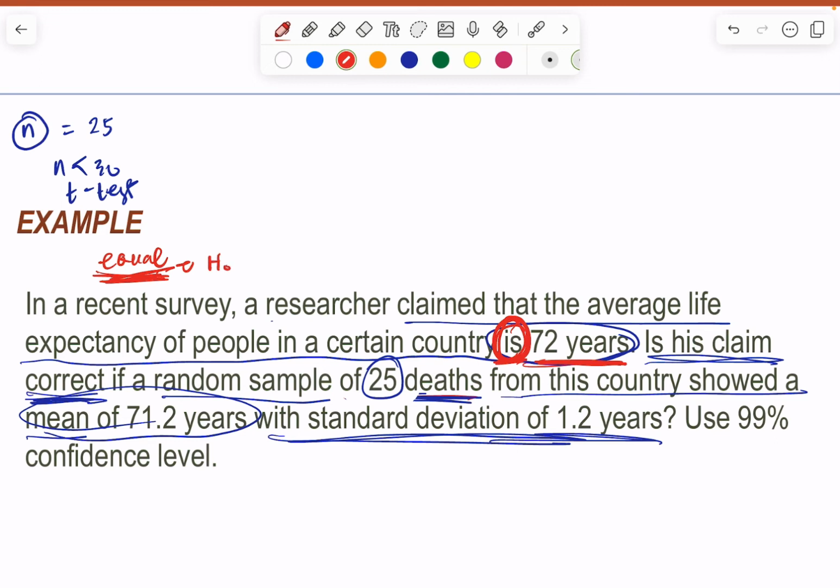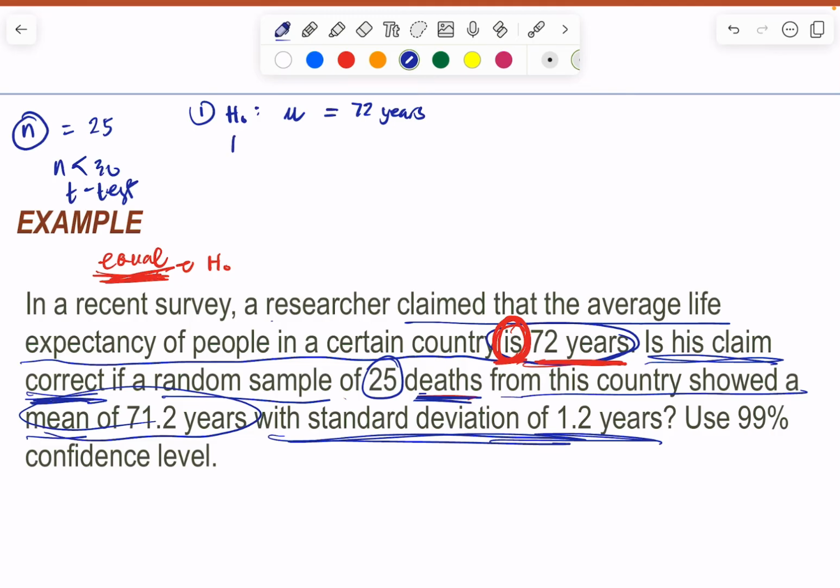So, unsa may hypothesis nga unho na to gama? Kung unsay given sa problem, so maoy unho gamon. So, atong ibutang kay null hypothesis una. So, you assume that your population mean is equal to 72 years.